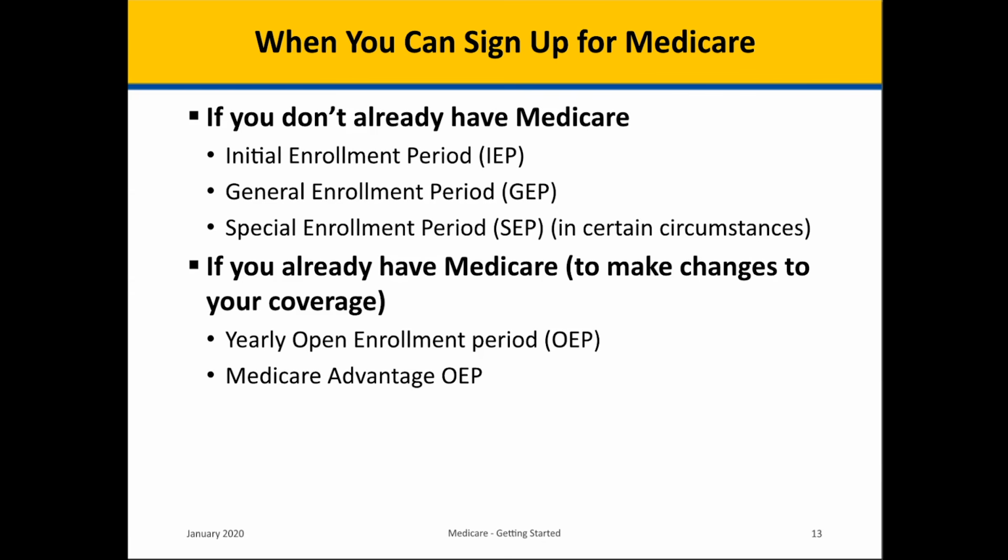Enrolling in Medicare or changing how you get your Medicare are important decisions. They must be done timely to avoid an LEP and to be sure you get the coverage you need when you need it. Let's talk about some of these enrollment periods, IEP and GEP.